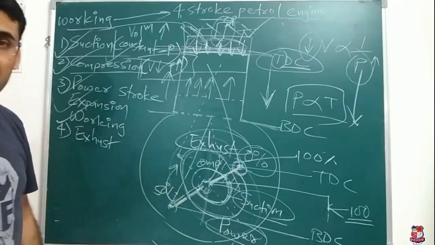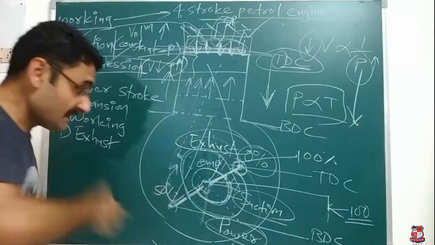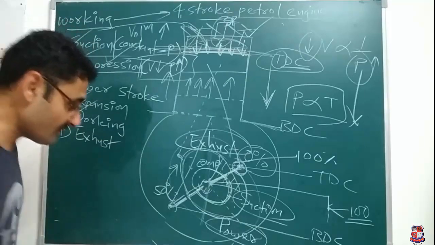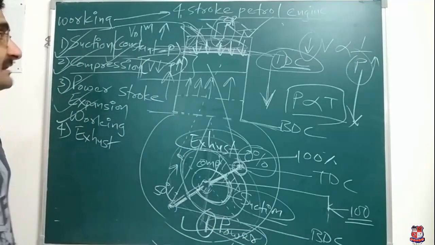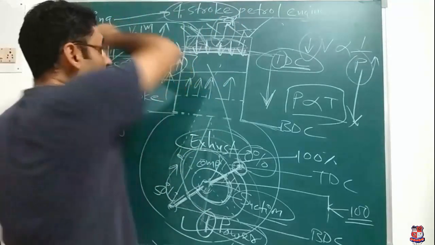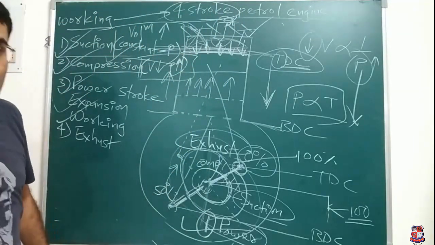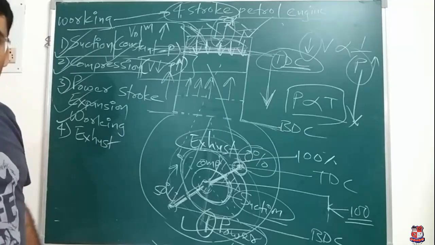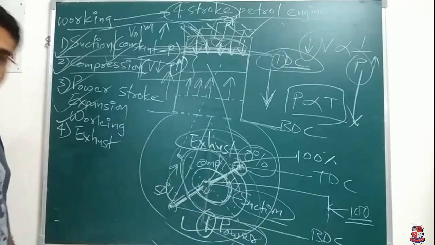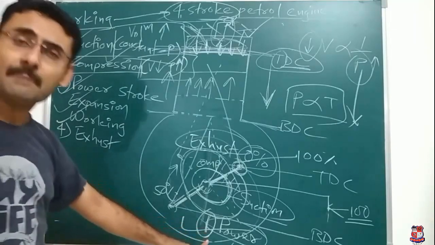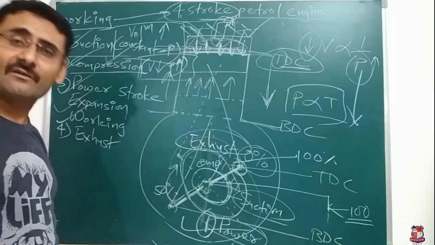That means the crank has completed two rotations, and within those two rotations we are getting only one power stroke. That is why it is the working principle of a four-stroke engine.